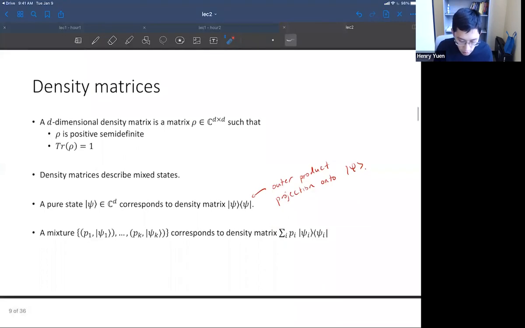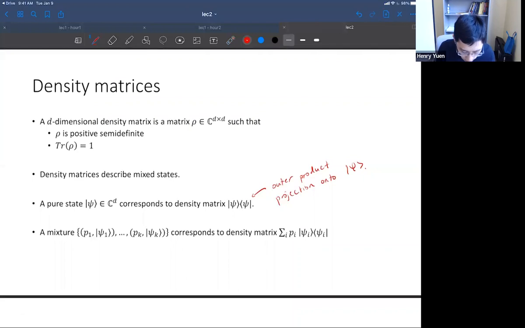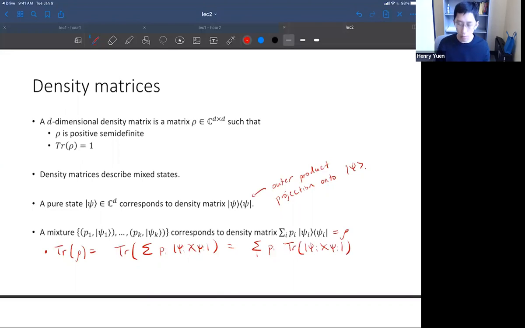Right? So let's just quickly make sure that this is actually a density matrix. Let's first check the trace condition. The trace of rho is going to be the trace of the sum of p_i ket psi_i bra psi_i. Trace is linear, so we can pull out the sum over i, and we have the trace of this rank 1 outer product, times p_i.